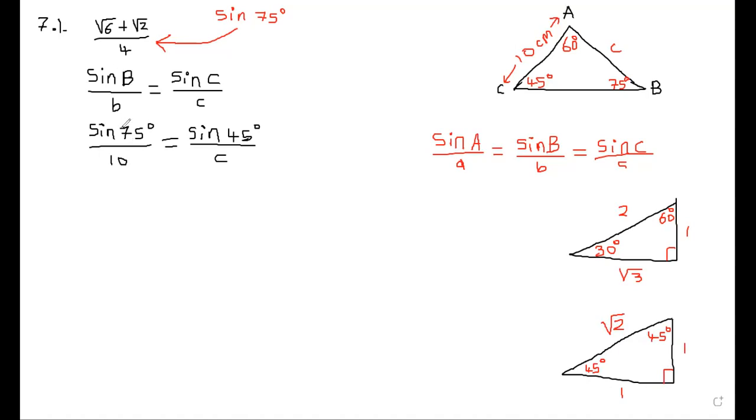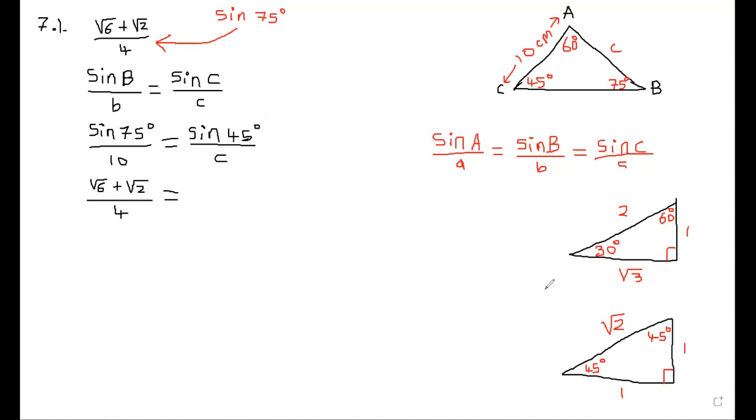So we know that sine of 75 degrees is this. So let's substitute sine 75 degrees by that: root 6 plus root 2 all over 4 equal to sine of 45 degrees.